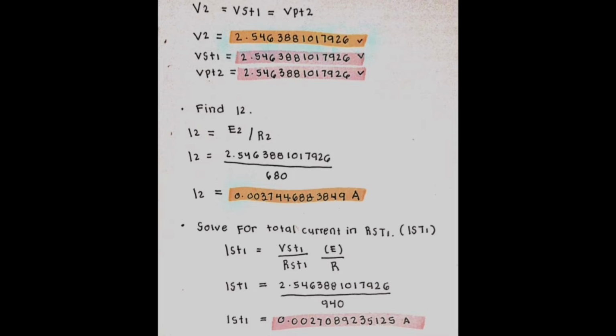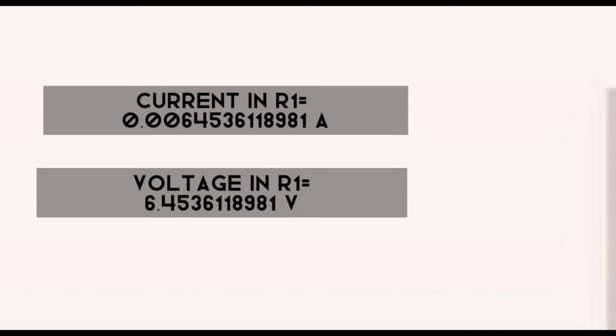Kirchhoff's law states that voltage in parallel circuits are the same, hence V2, VST1, and VPT2 have the same value of 2.54638881017926 volts. Therefore, the current in R1 is 0.0064536118981 amperes, while the voltage of R1 is 6.4536118981 volts.